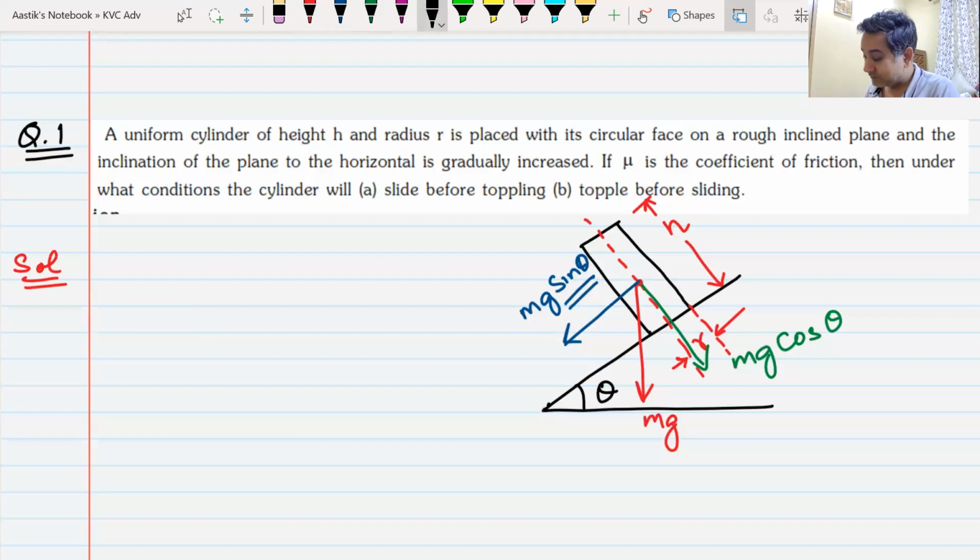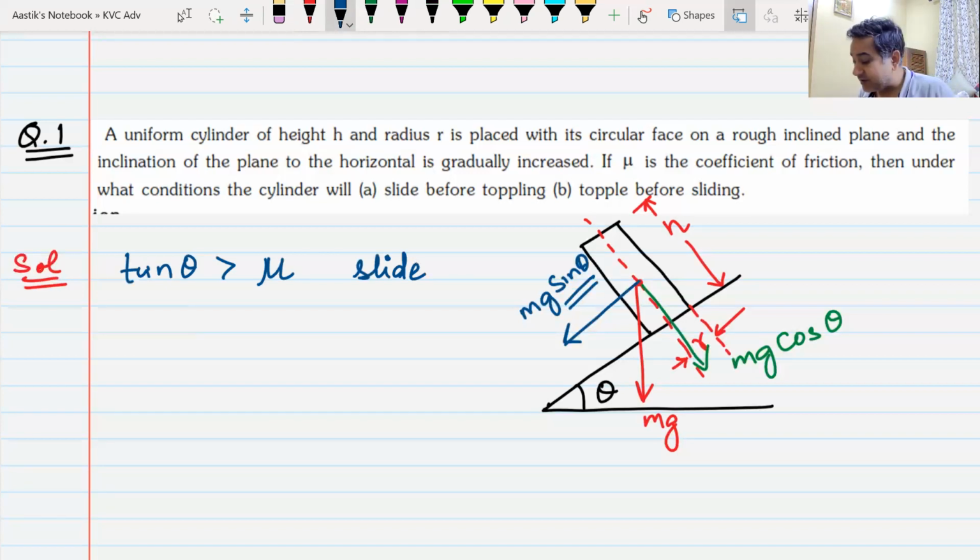Angle of repose, right? So this angle of repose was equal to mu, tan theta was equal to mu, yes or no? If this tan theta is greater than mu, it will start to slide, yes or no? Yes, sir.